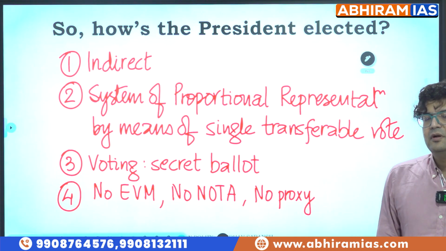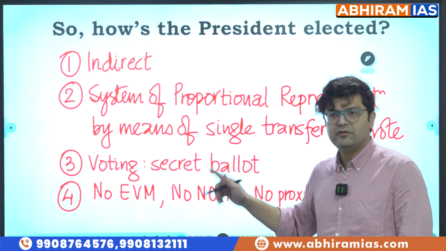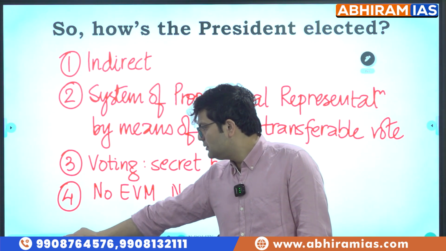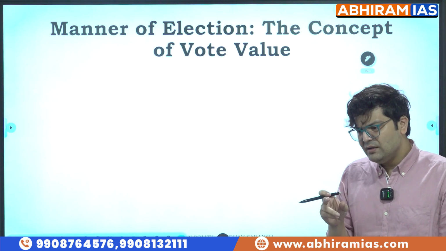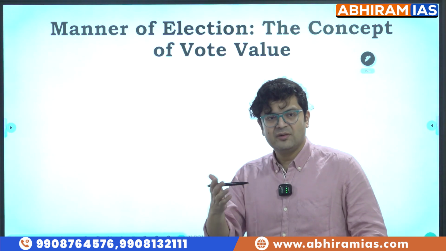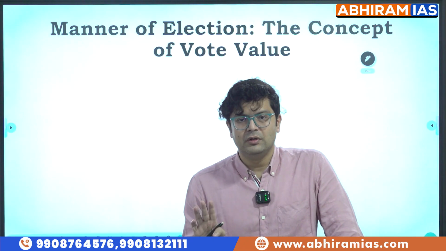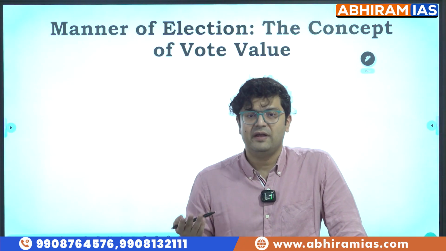Now comes a real question here. How do we vote? See, should we proceed from here? The manner of election is a slightly different one. Normally, in the Lok Sabha election, we follow a simple rule: one person, one vote. Yes or no? Why?